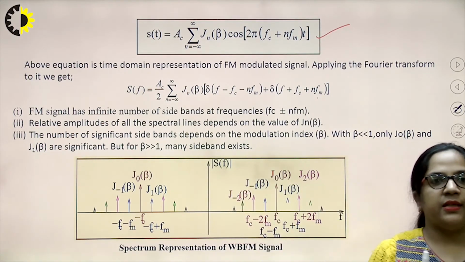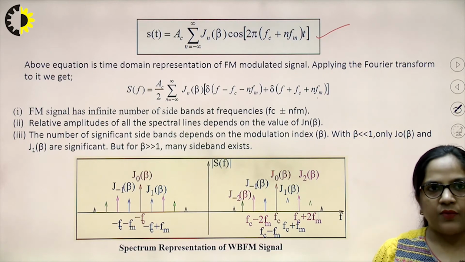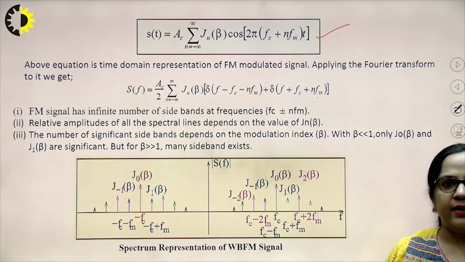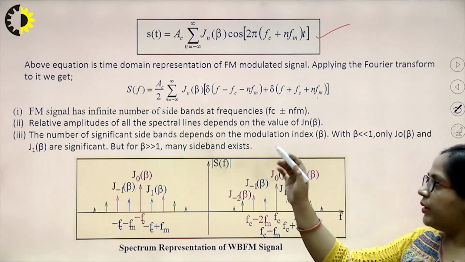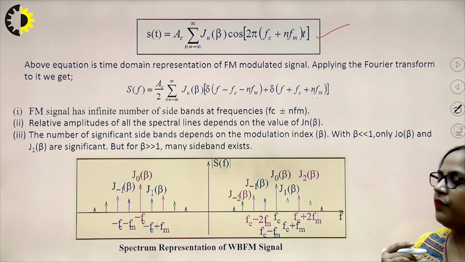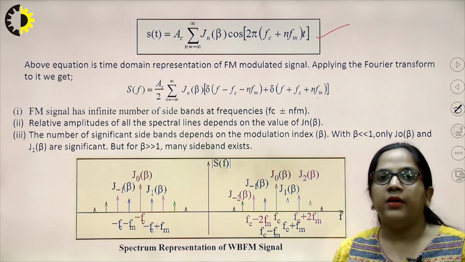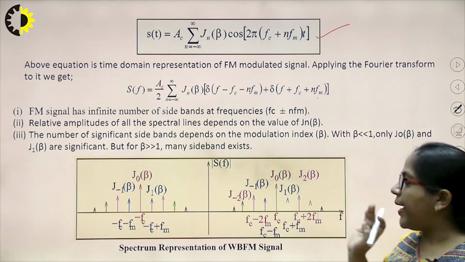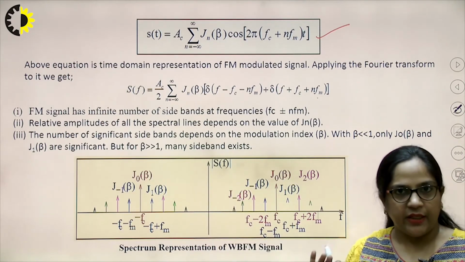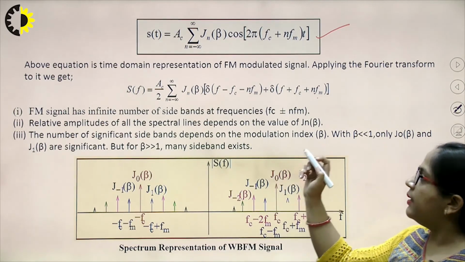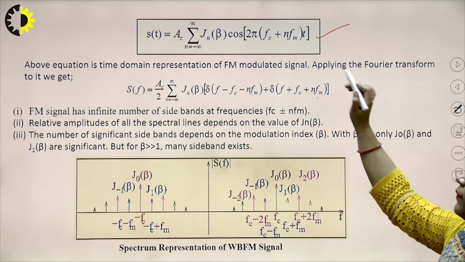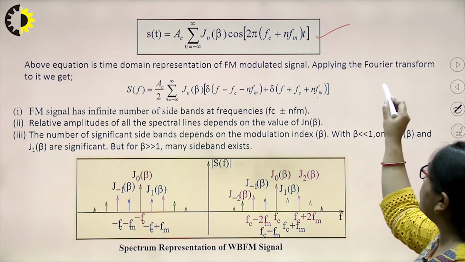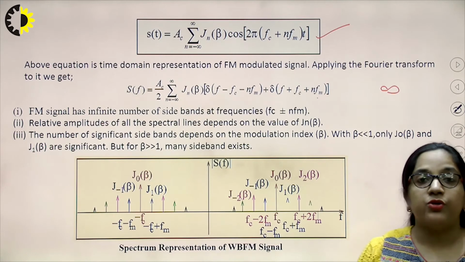The FM signal has an infinite number of sidebands at the frequencies Fc plus or minus n Fm. In the case of the wideband FM signal, the theoretical number of sidebands will exist from minus infinity to plus infinity. That indicates that the theoretical bandwidth of my wideband FM signal will be equal to infinite. How do we calculate the bandwidth?